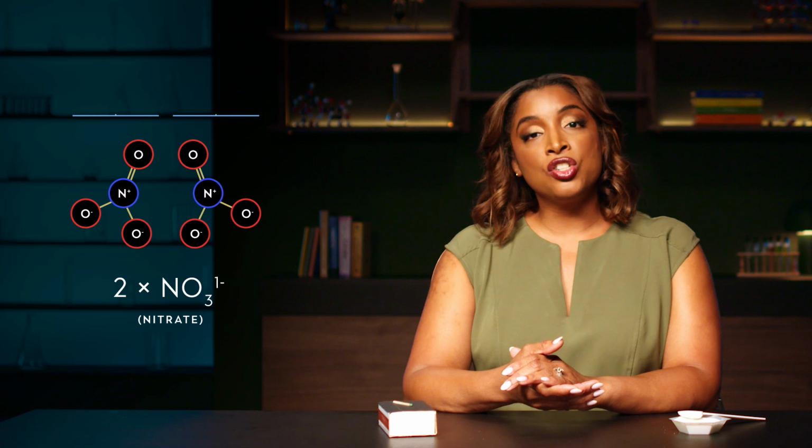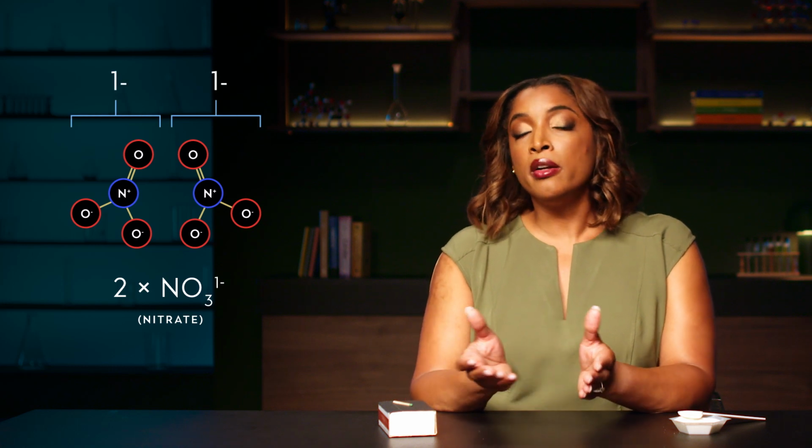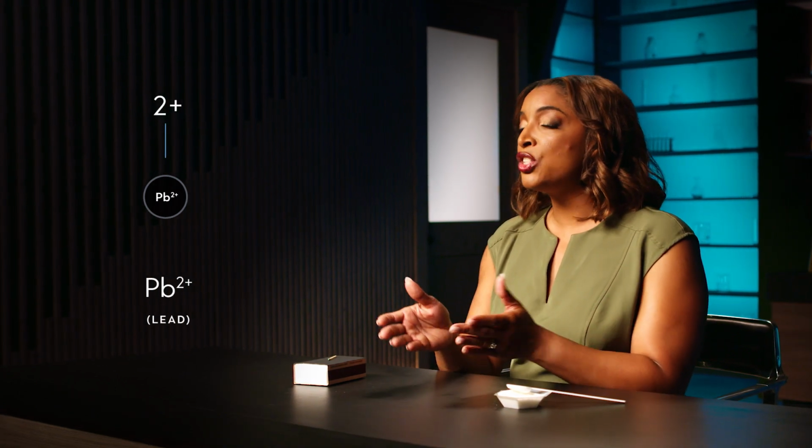Each particle has a charge of 1 minus, or NO3 1 minus. The cation, lead, has a charge of 2 plus, or lead 2 plus. For the compound to be neutral, which is to have a net 0 charge, there must be 2 nitrate anions for every lead cation. Therefore, our formula unit for lead nitrate is lead NO3 2.